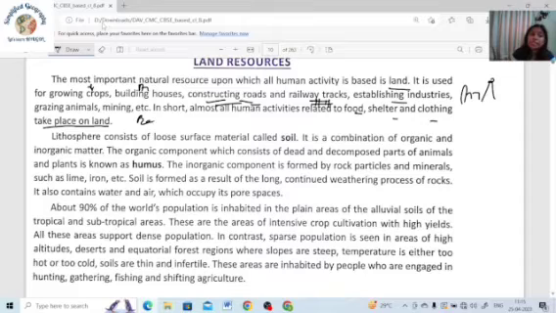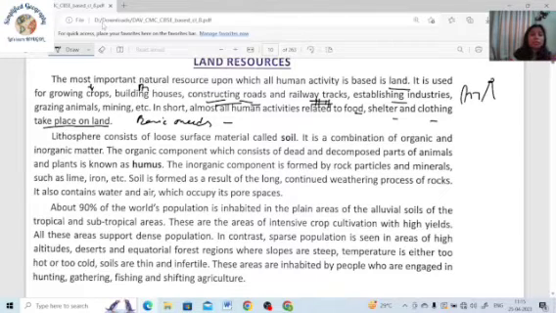Our basic needs are food and water, shelter and clothing. To fulfill our basic needs, we need land.